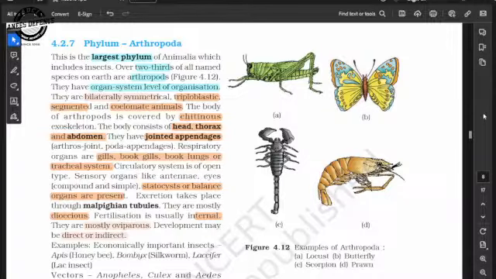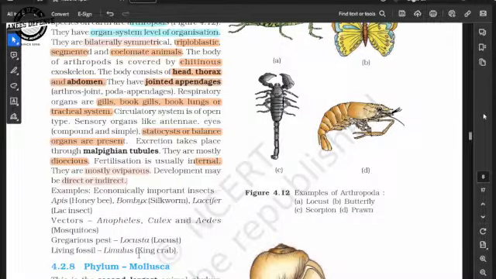So please do remember, Apis, honey bee, economically important. Bombyx mori, pure quality of silk. Laccifer, lac insect, economically important for production of lac bangles. Vector: female Anopheles mosquito, which is a carrier of Plasmodium, which causes malaria.